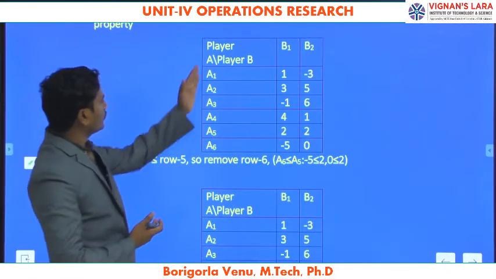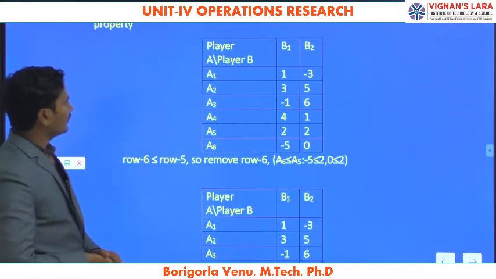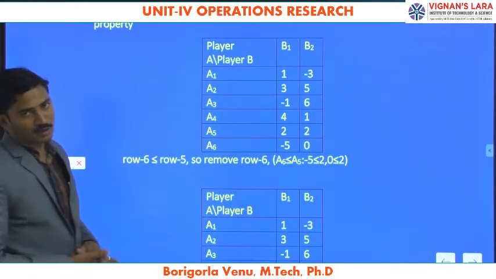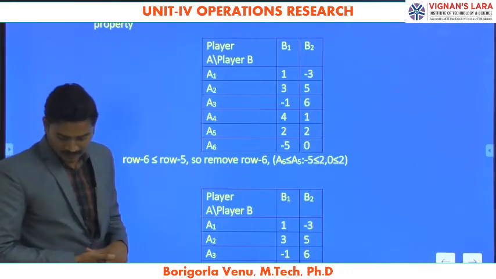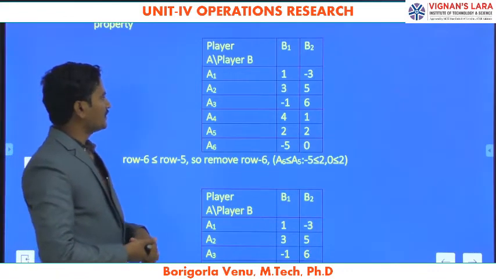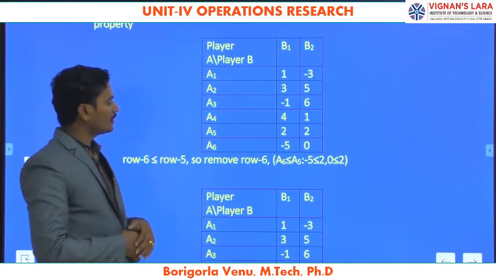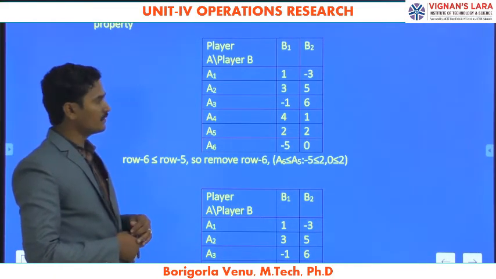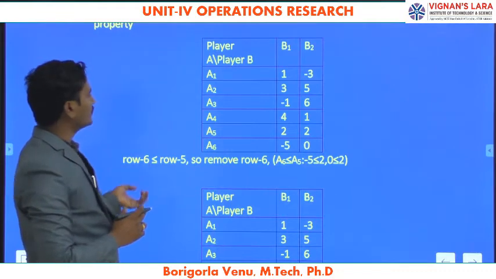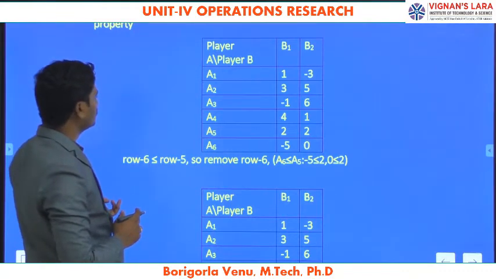Here player A and player B are there, and only row dominance is possible. Column dominance is not possible, because we have only 2 columns. Coming to the rows, we have n number of rows. We are going to reduce the size of the matrix by taking the dominance principle.